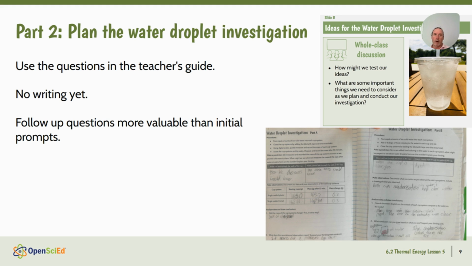But this part of the planning process leads to a shift in their sense making and thinking scientifically, because they're asked to say, if X is true, then we should see Y, or if Y is true, then we should see Z. And that is what they're then going to try to confirm with the investigation.